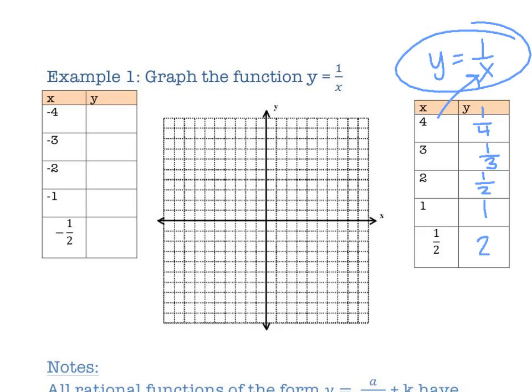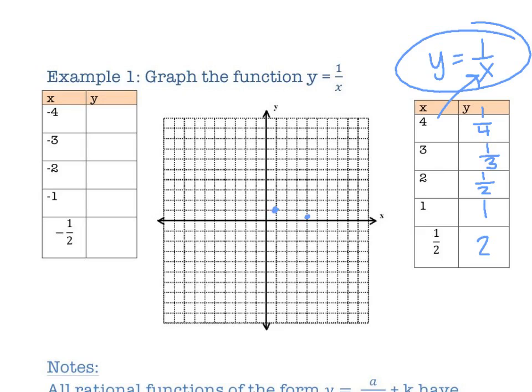So now what I want to do is just plot those points. This is what we've been doing as we're doing graphs of exponential functions and logarithmic functions. So I want to plot (4, 1/4), and (3, 1/3), (2, 1/2), (1, 1), and then (1/2, 2).